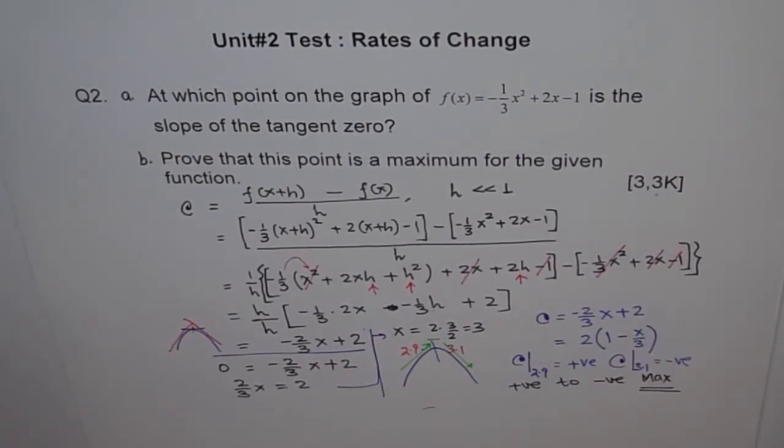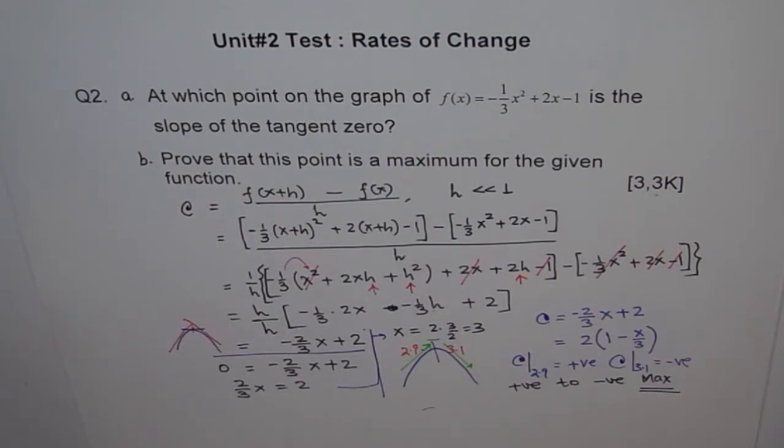Okay. Sometimes this question is asked under communication. So it is a very important question, and both the parts in this question are actually very critical. First one, to find a point on a given graph where the tangent is 0. Of course, that is a turning point, and we could expect a maximum or a minimum.